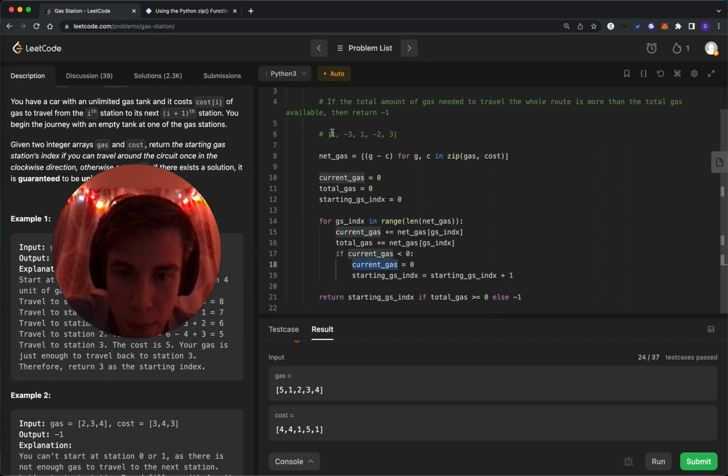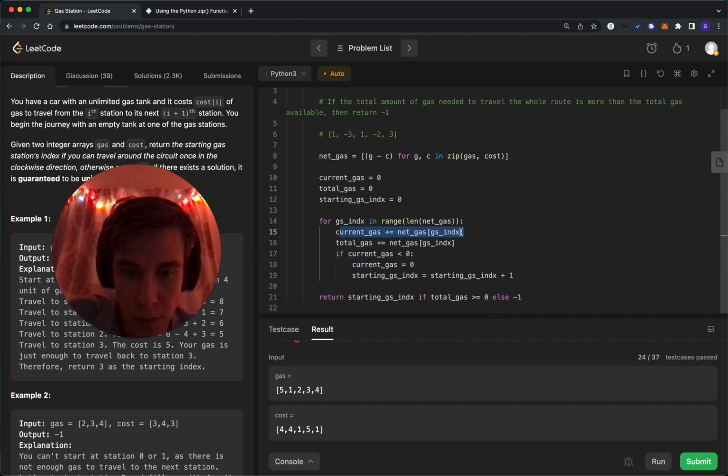Okay, I'm here. Gas station, range from 0 to... My current gas is going to be the net gas, which is 1 plus 1. It's going to be equal to 1. Total gas is going to be 1. If current gas is smaller than 0, we're not going to do that. Next is 1. Gas station index is 1.